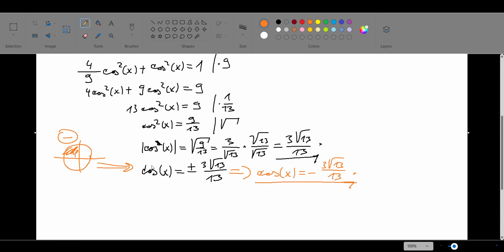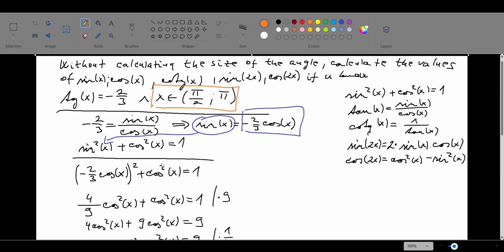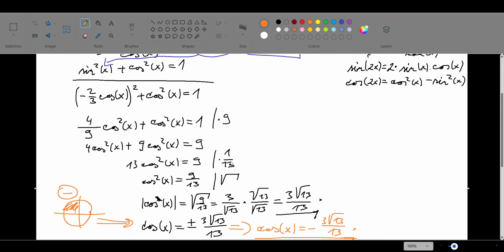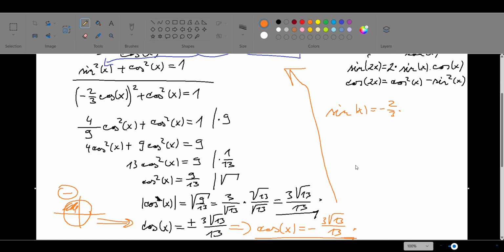So we have the value of the cosine, and if we want to calculate the sine of x, we simply take this value and fill it in the formula from the very beginning, which says that the sine of x is equal to negative 2 over 3 times the cosine, which we calculated is also negative 3 square root of 13 over 13.